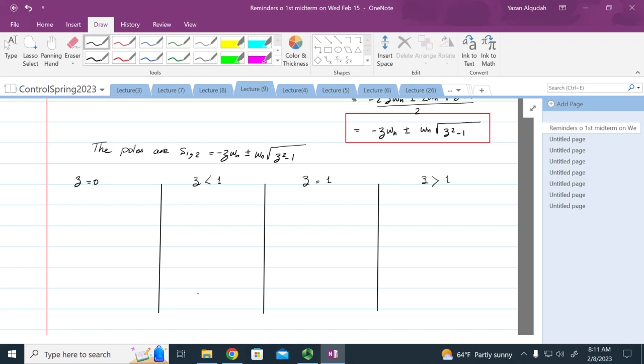Omega n, if it's imaginary, plus or minus. Excellent. This term is going to cancel. It's going to be 0. 0 minus 1 is going to give me a j. So plus or minus j multiplied by omega n. So S1,2 is going to equal plus or minus j omega n.